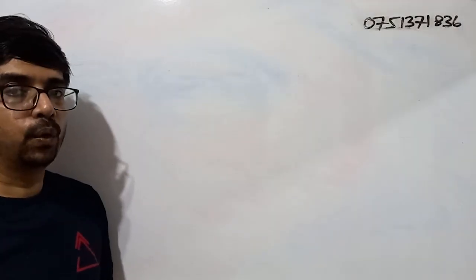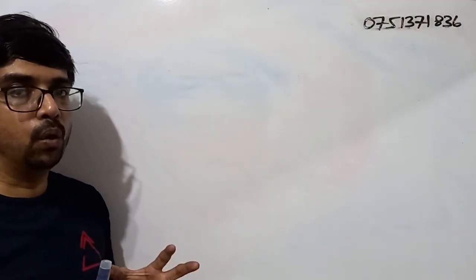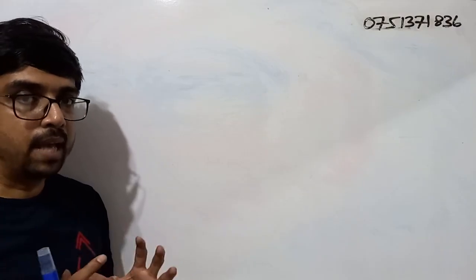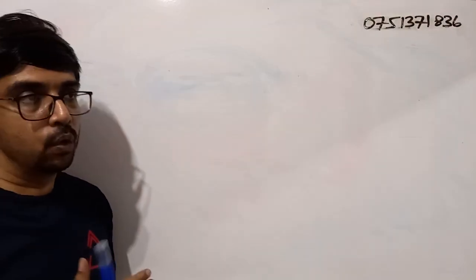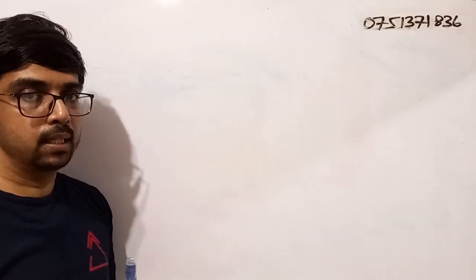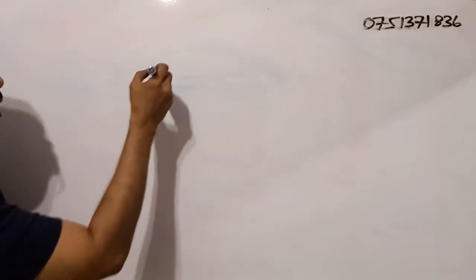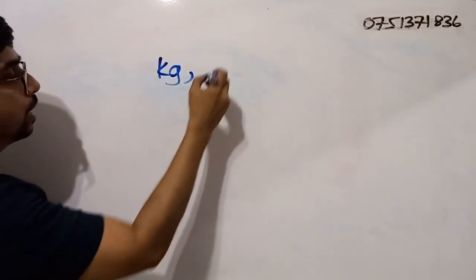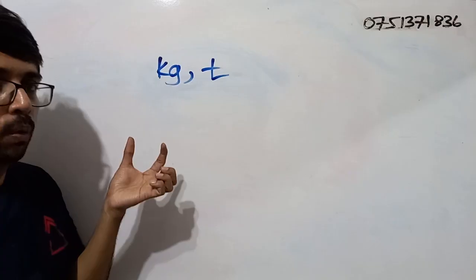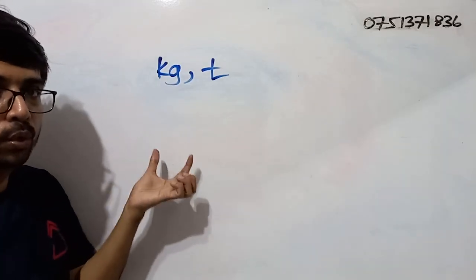Right. So in this video we will discuss the maths lesson of grade 8. What are we going to learn in this lesson? We are going to learn about kilograms and metric tons. What is the relationship between these two units?